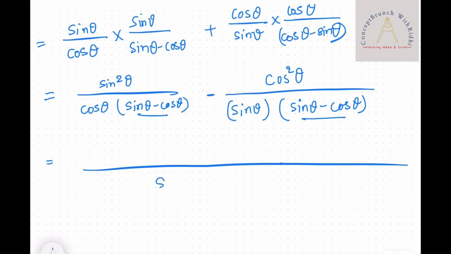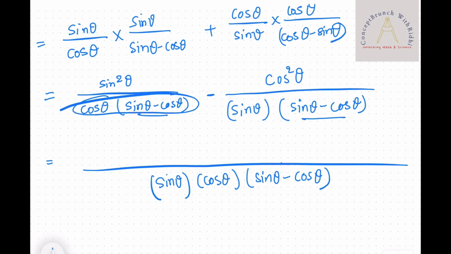Okay, so the LCM is going to be sin theta times cos theta times (sin theta minus cos theta). Okay, now what I'm going to do, I'm going to divide this whole with this. Okay, if we divide this, what is remaining? Sin theta is remaining, and multiply this sin theta with this. Okay, so what will it become?